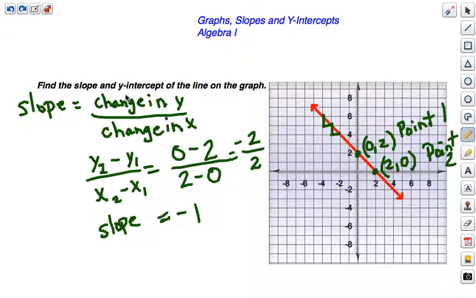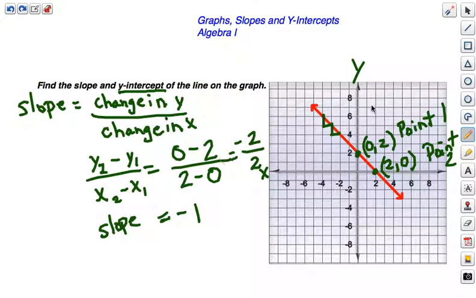Now, how do we find the y-intercept? Well, the y-intercept is simply where the line crosses the y-axis. So this is our y-axis. So we're looking at where that line crosses the y-axis. The horizontal axis is the x-axis.